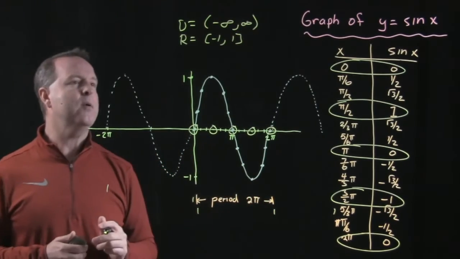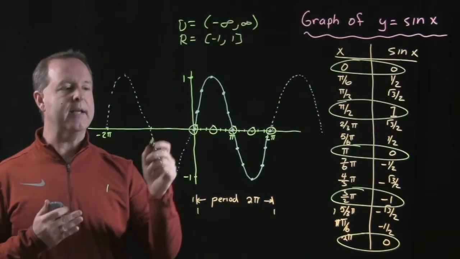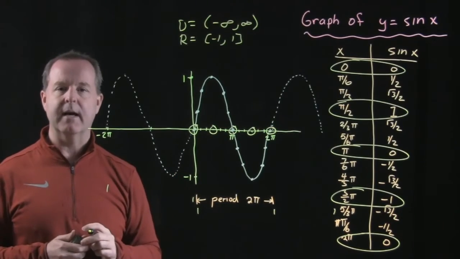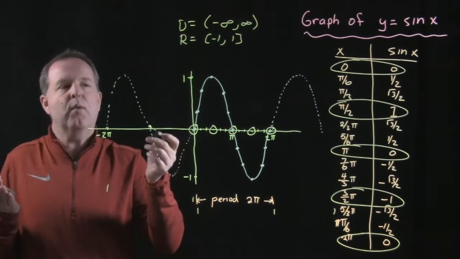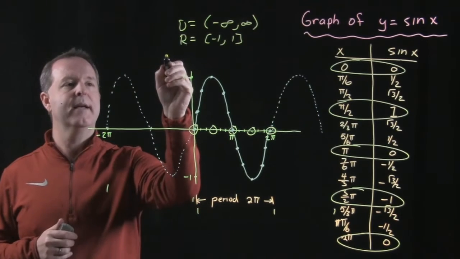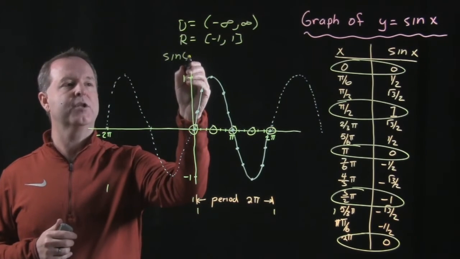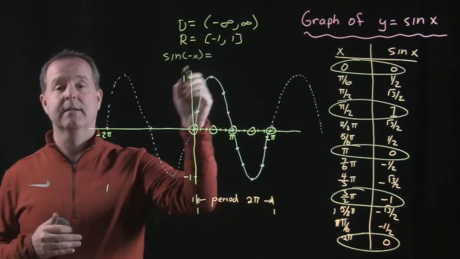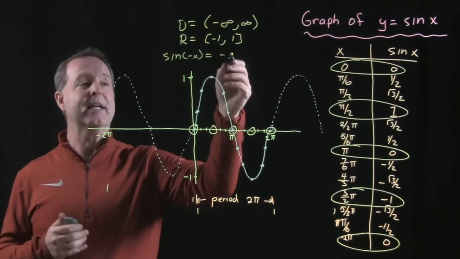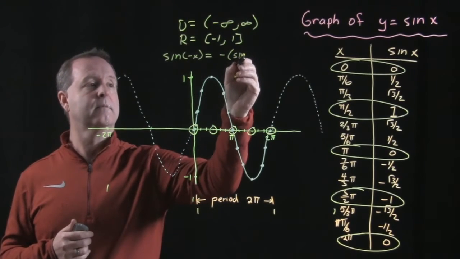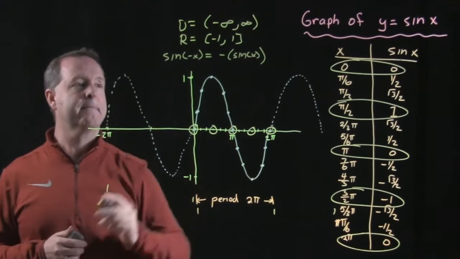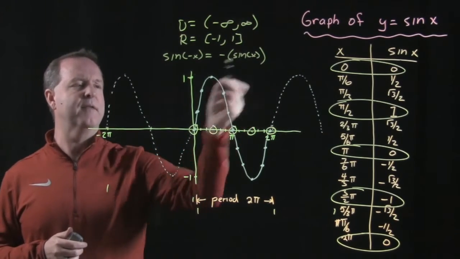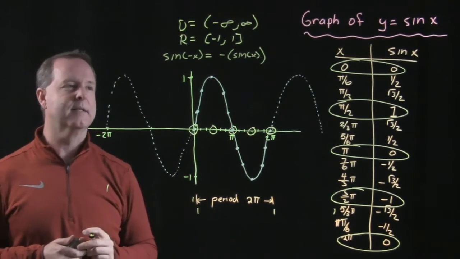And maybe one other thing that we want to think about is the sine function we recognize is an odd function. And what that meant was a couple things. One, it meant that if we evaluated the function at negative x, we would get the negative of that function. I didn't really need that second parentheses. I just got carried away with parentheses.